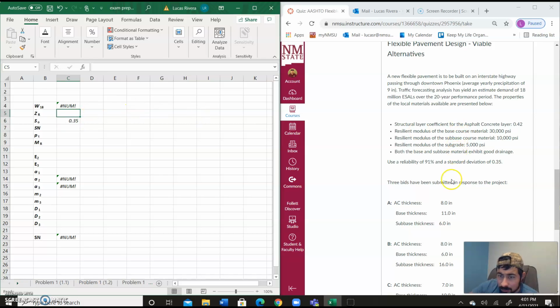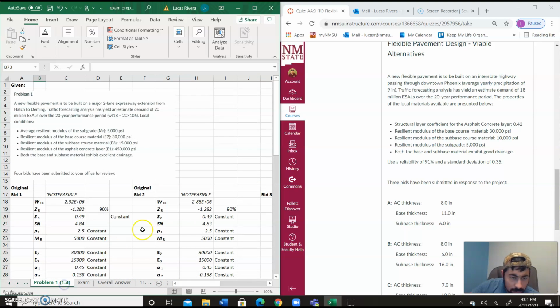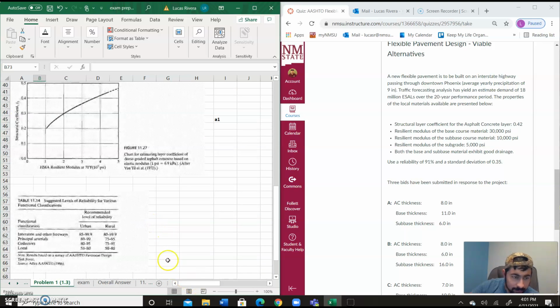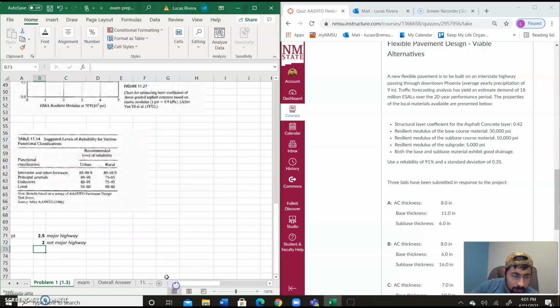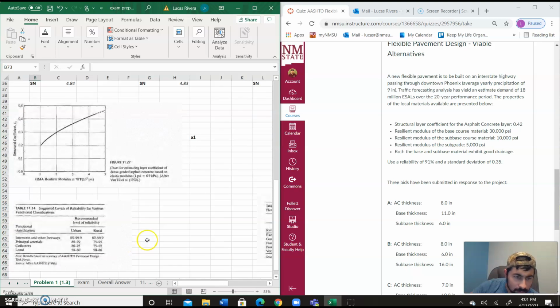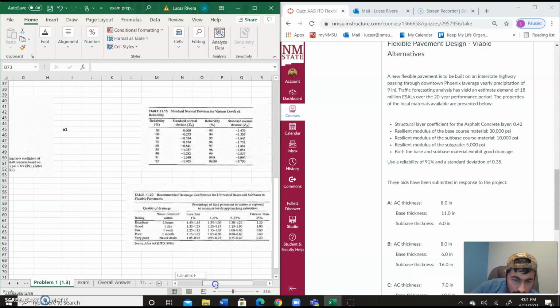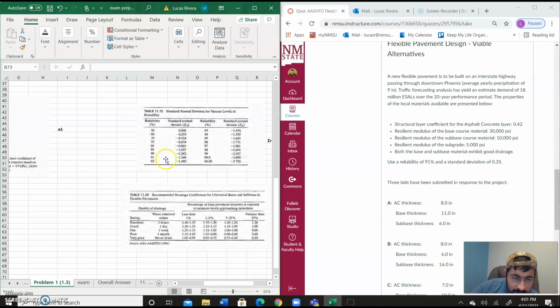Reliability of 91%. And I have all of this stuff ready to go. Reliability of 91, so that would be negative 1.34.